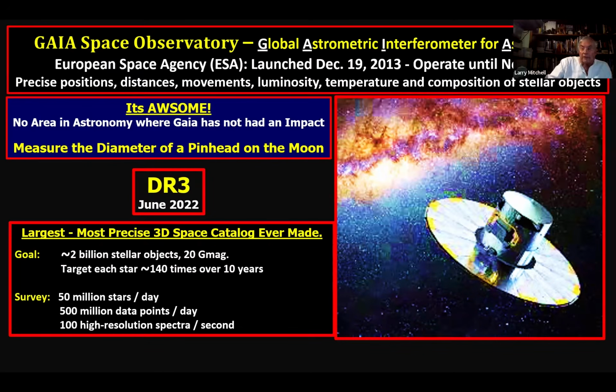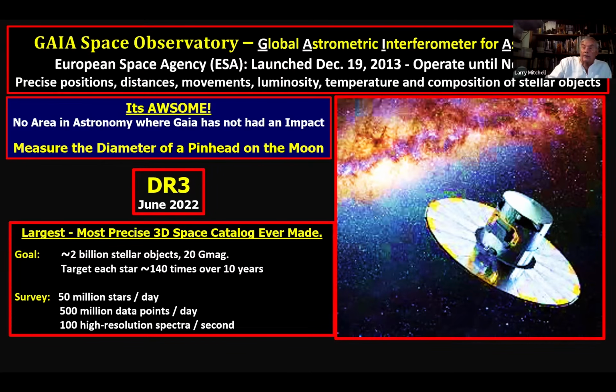A lot of amateurs are not familiar with the incredible work that this has done, because it doesn't take pretty pictures like the Hubble Space Telescope or the James Webb Telescope. But nevertheless, the information generated by this satellite is every bit as important as either of those two optical instruments. It's absolutely awesome. There's no area in astronomy where Gaia has not had an impact.